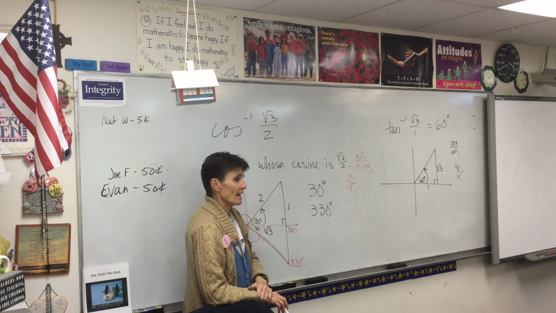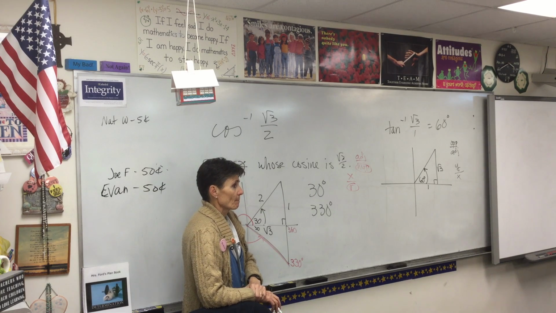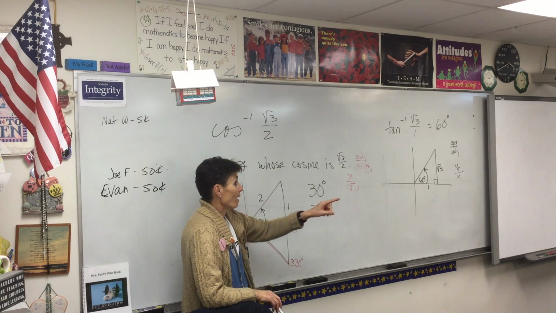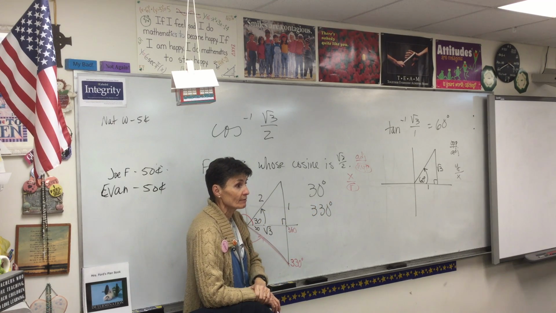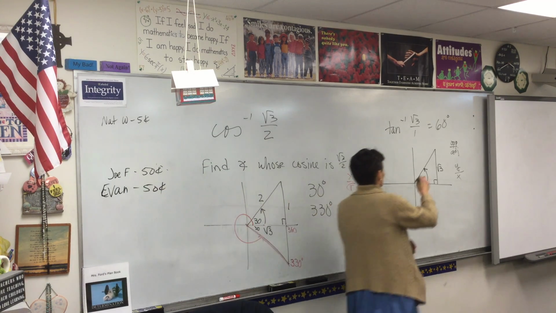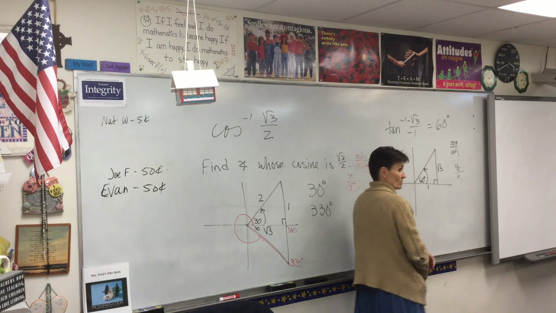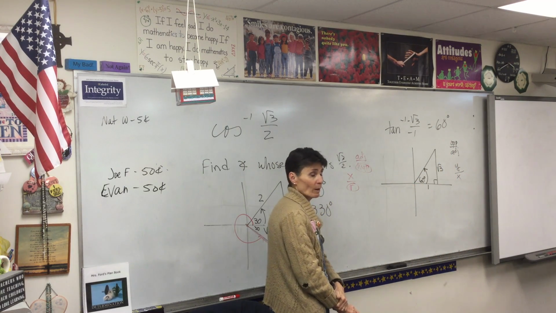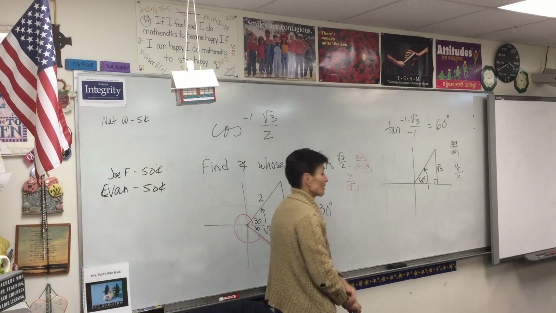Where else would that happen? Nowhere. It's the same place. Negative over negative is positive. What if y and x are both negative? Will I end up with a positive? Couldn't both of these be negative numbers? Where does that happen? Quadrant 3.